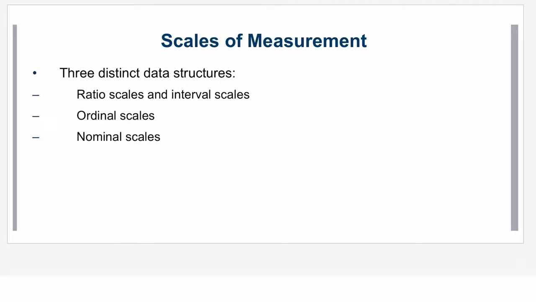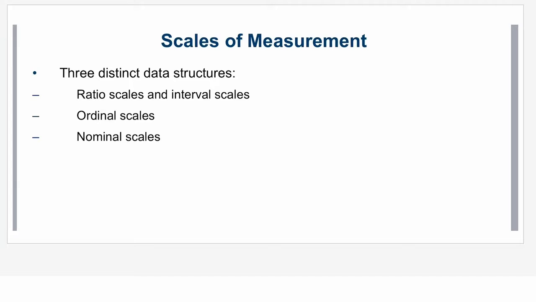So, as a quick review, ratio scales and interval scales are often grouped together because they are those numerical scores that are compatible with mathematical equations and calculations, right? Examples of that are height in inches, weight in pounds, the number of errors performed on a task, IQ scores. They're numbers that you can do math with, basically, okay?